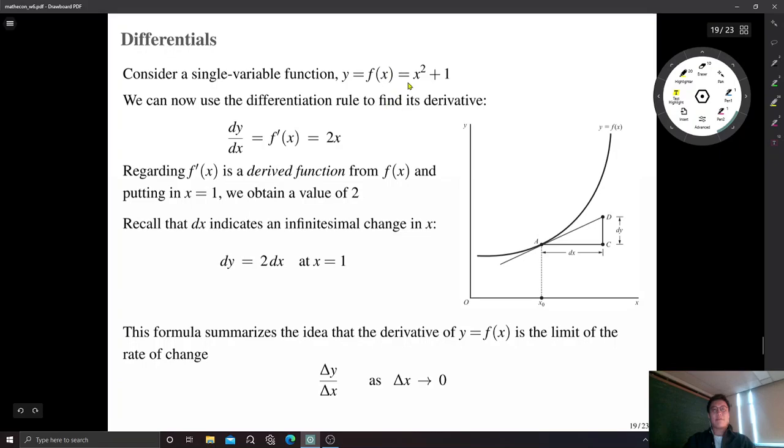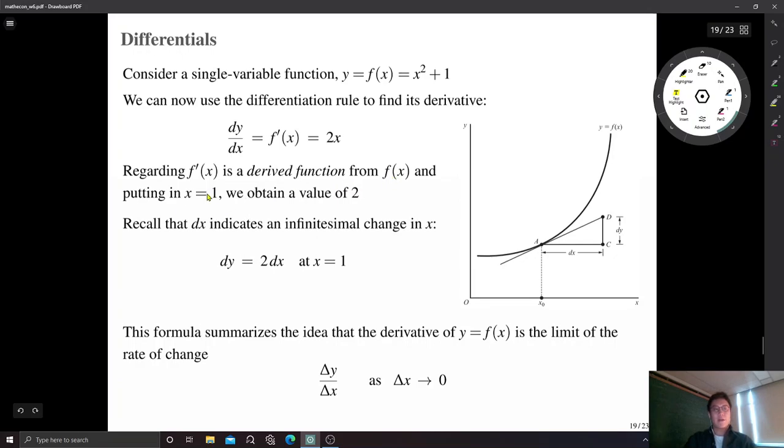So we have f of x given by x squared plus 1. Now we can easily compute the derivative using the differentiation rule. So the constant 1 goes away and x squared becomes 2x because of the power rule, right? So the derivative is denoted by f prime of x. That highlights the fact that this derivative is a derived function from f of x.